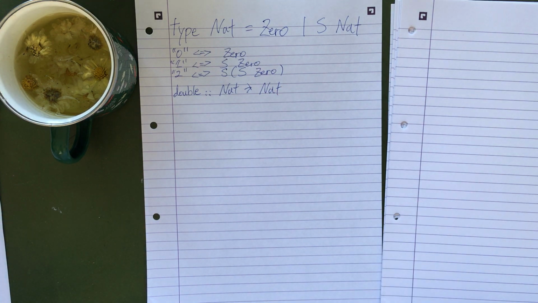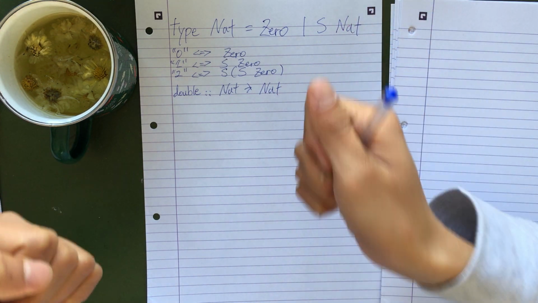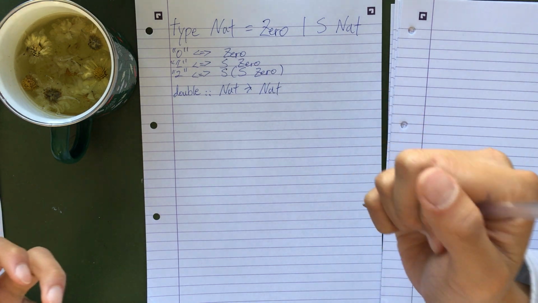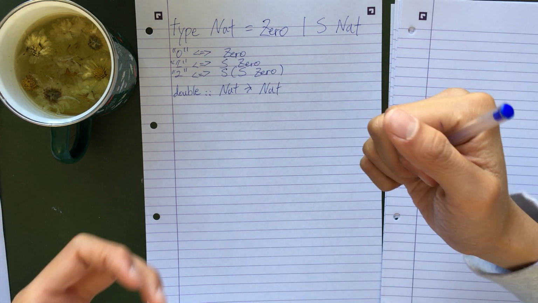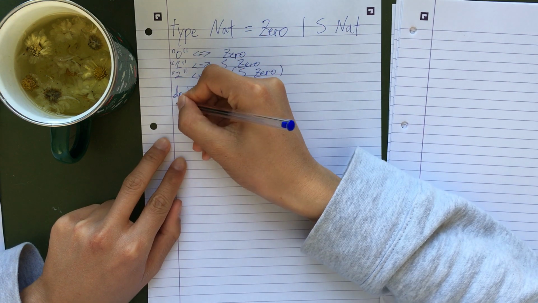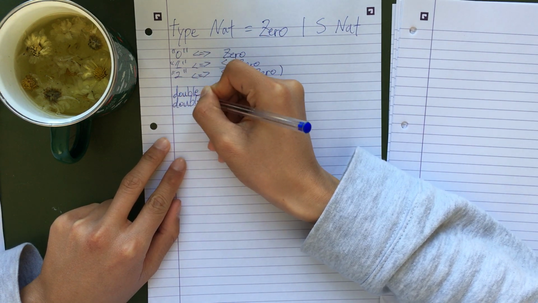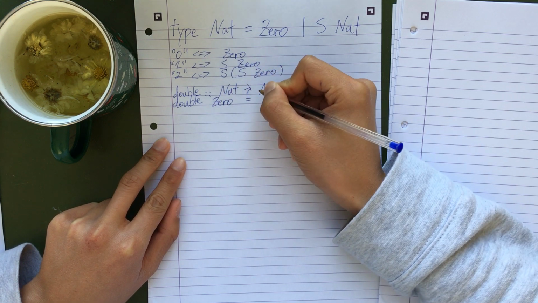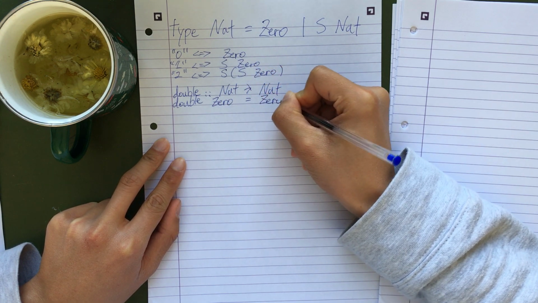So we give double a natural number, and it looks at it, and there are two cases. Either we have 0, or we have S of another natural number. Let's consider each case separately. Double of 0 is going to be 0, because we want 2 times 0 to be 0.